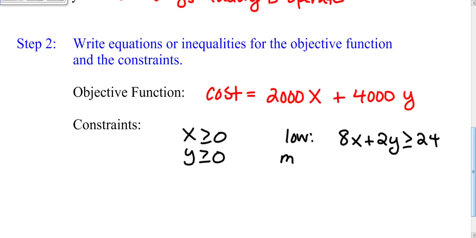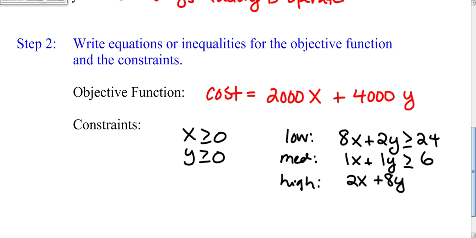Then for medium grade paper, at factory A, they can do 1 ton a day. At factory B, they can do 1 ton a day, and I have to have at least 6 tons of that. And then for the high grade paper, they can produce 2 tons at factory A, 8 tons at factory B, and I have to have at least 30 tons of it. So that's how your equations would look on that one, and then you can certainly graph them and go from there.